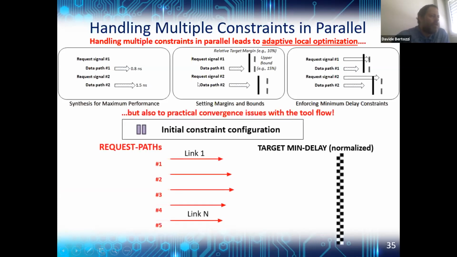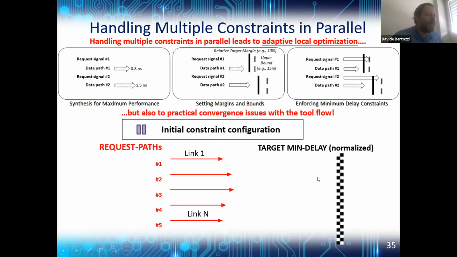But the problem is that when you try to handle too many bundling constraints in parallel, let's say beyond the 5x5 switch, and for instance, when you go to the topology level, what happens here is that you have several request paths in parallel that have to achieve a normalized target mean delay.